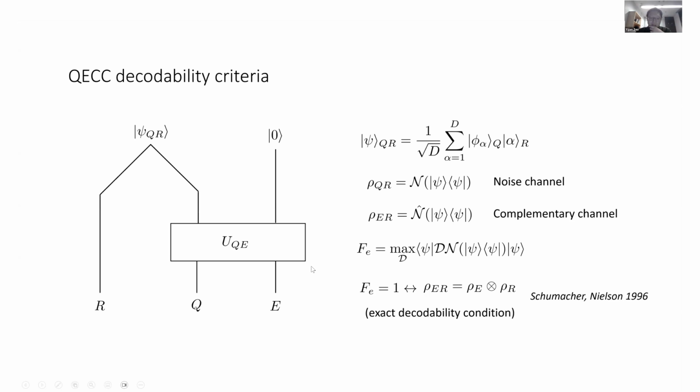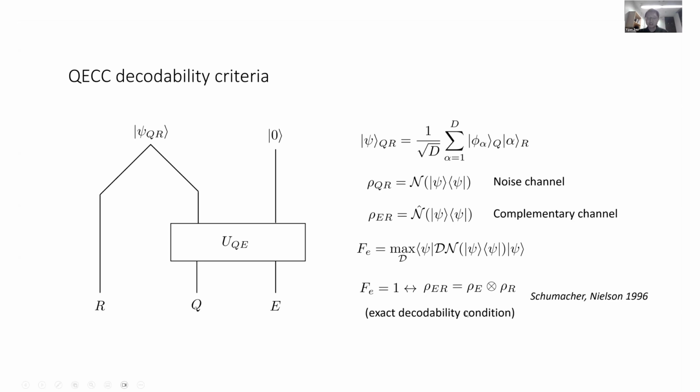But then the decoupling condition basically says that if you apply the complementary channel, then you require that rho_ER is a decoupled state between the environment and the reference. That basically means that quantum information doesn't leak into the environment. Because you are tracing out the environment, you don't keep it, so you don't want any information to flow to the environment. So that is basically what the decoupling condition is saying.